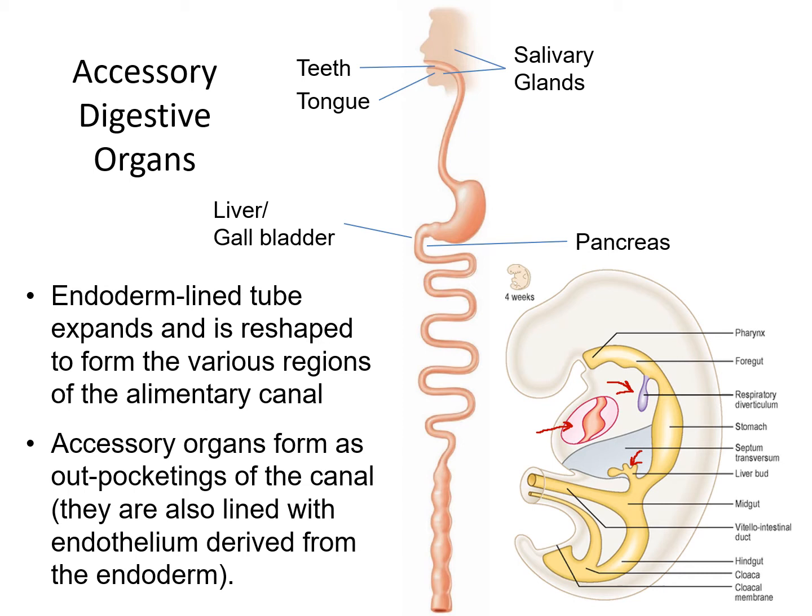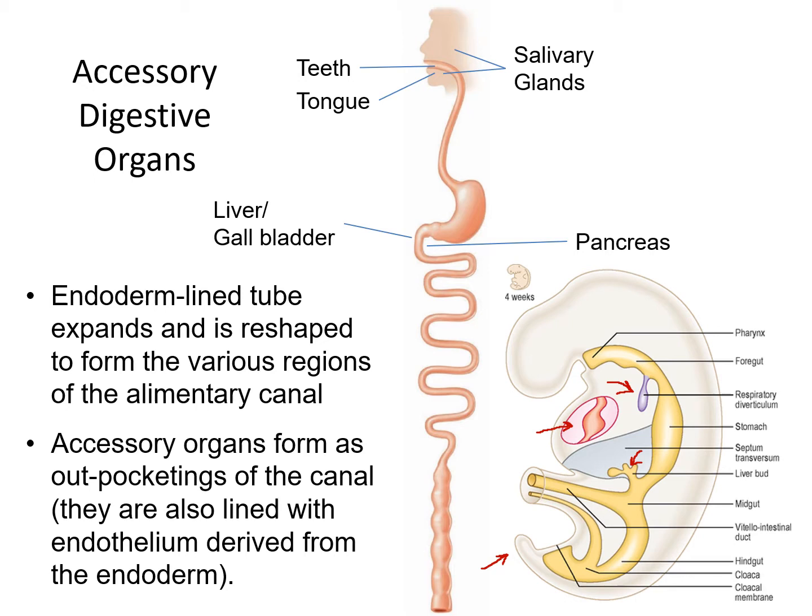In this embryo, I'll also mention that at this point in time, you can see the embryo has a tail. We have a fairly pronounced tail during our early development. There's also an opening known as the cloaca. So at this point in development, all of the developing systems that need to exit the bottom of the body, so the reproductive system, the digestive system, the urinary system, they all exit into one hole.